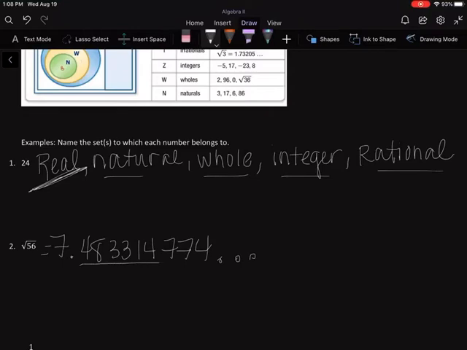There's no nice pattern here, right? So it's not rational. It's definitely real. But as I said, most square roots, if they're not perfect, then they're irrational.